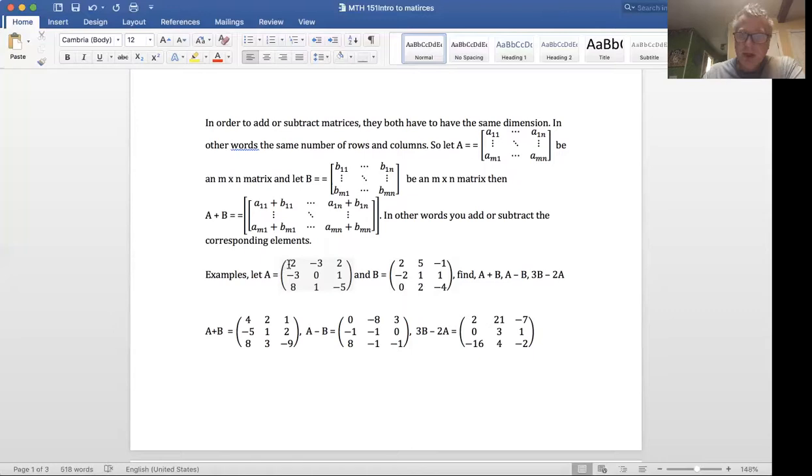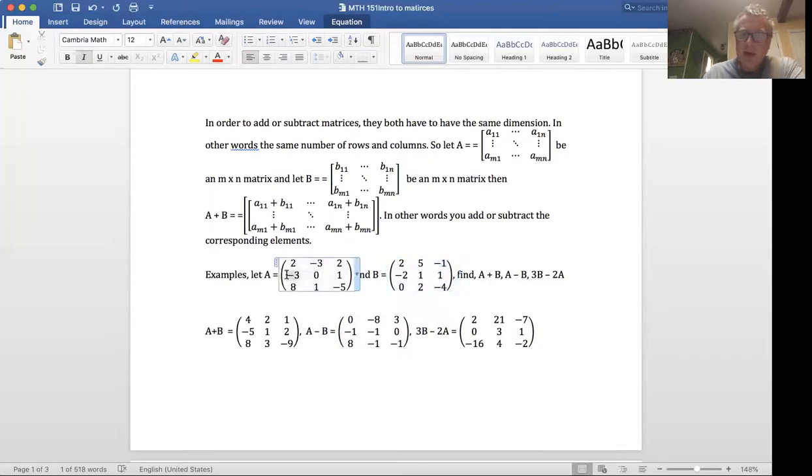So A plus B, I'd add the first element here with the first element here. That'd give me a 4. I'd add the second element here with the second element here in that first row. That would give me 2. I'd add first row, third column. That gave me a 1.